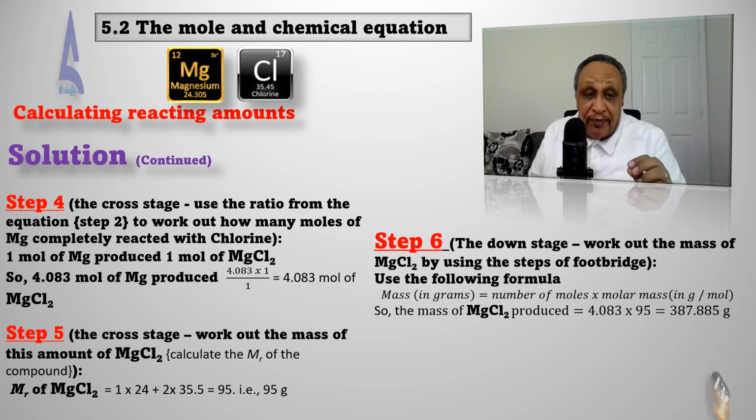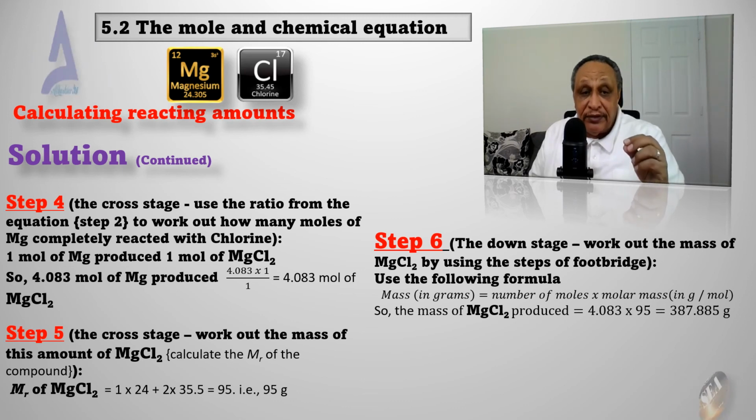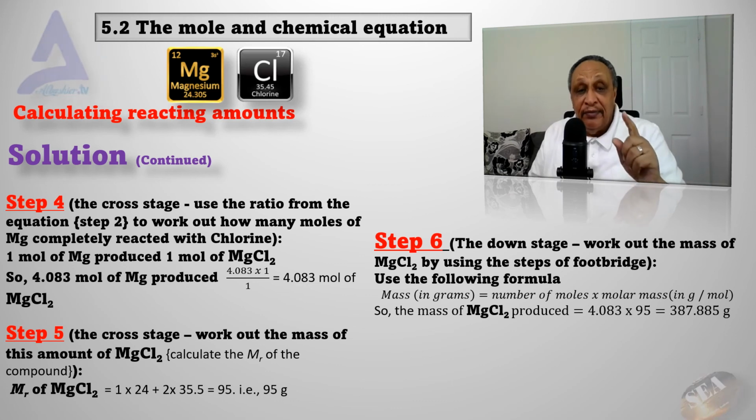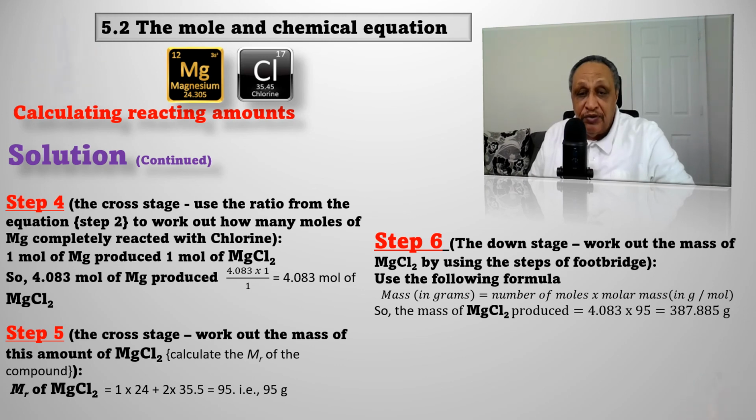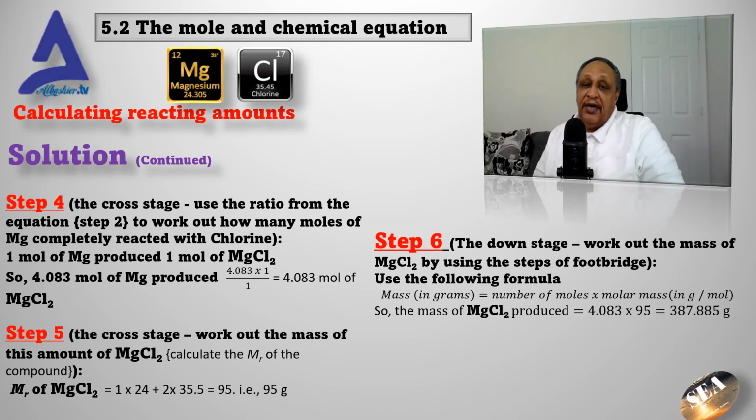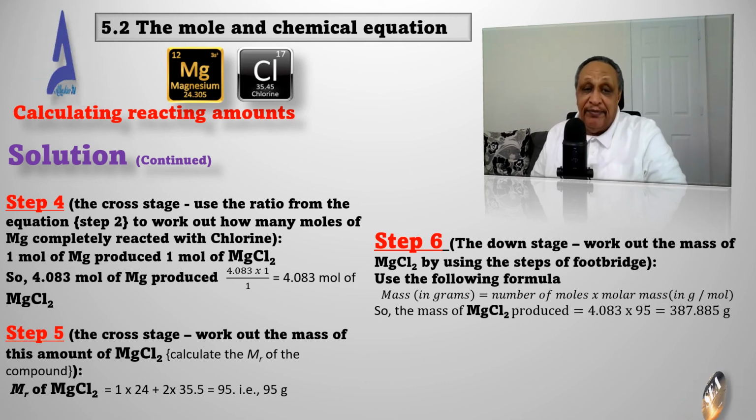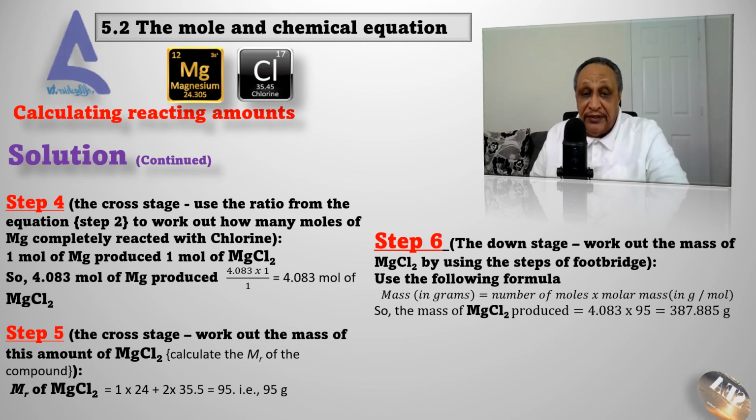So, for 4.083 moles of magnesium, using the same 1 to 1 ratio, it's going to be 4.083 moles of magnesium chloride. Then I'm going to take the magnesium chloride relative molecular mass, which is 95.